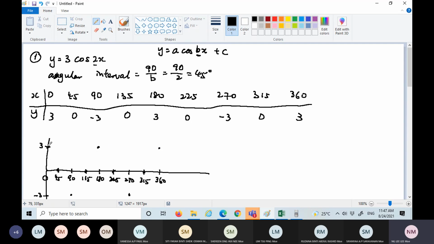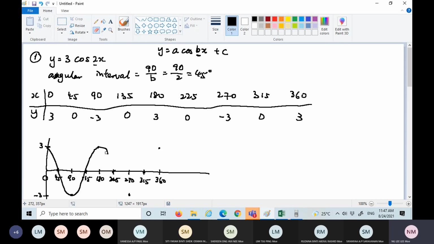Now you start to sketch. Okay, when you sketch, the shape must be correct. Okay, so the shape of the curve is something like this. Round a bit, round a bit. Okay, very good. Okay, this part not good.